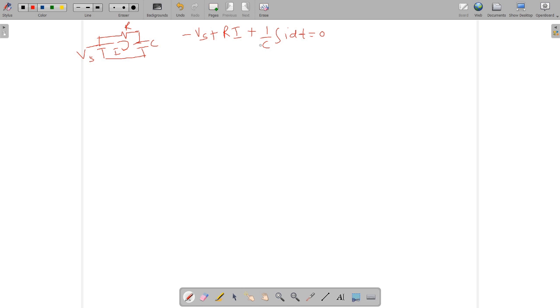Now in this case you have the integral term. It means you will have to provide the lower and the upper limits for this integral. The lower limit will be t equal to 0, because you want to find the behavior of the circuit after t equal to 0.